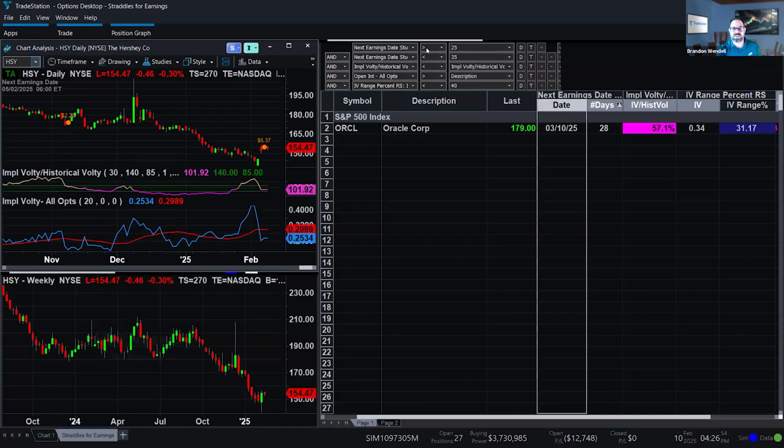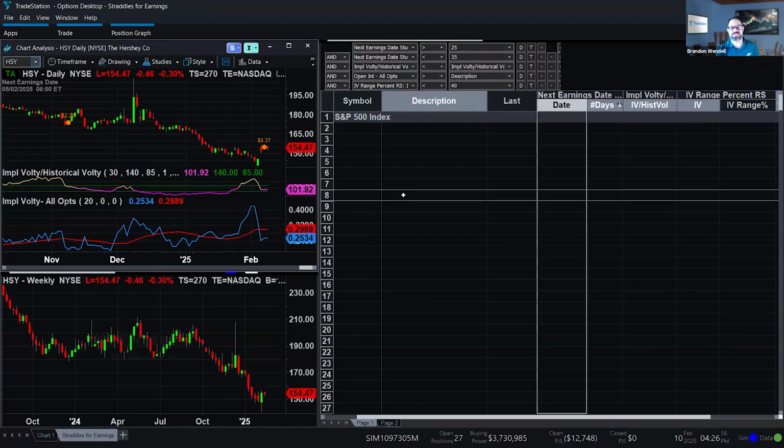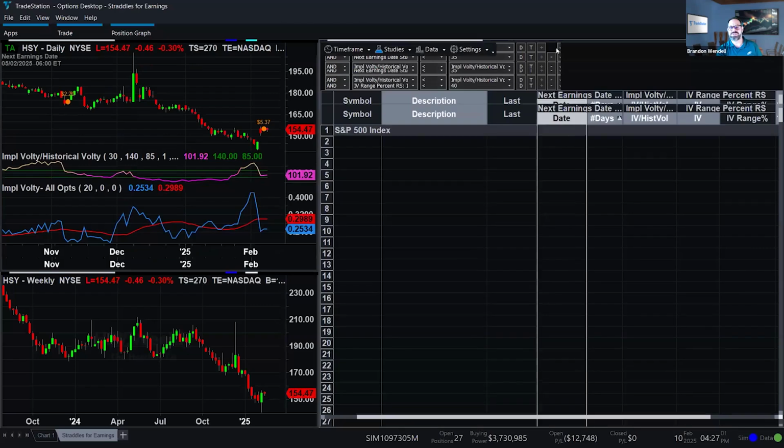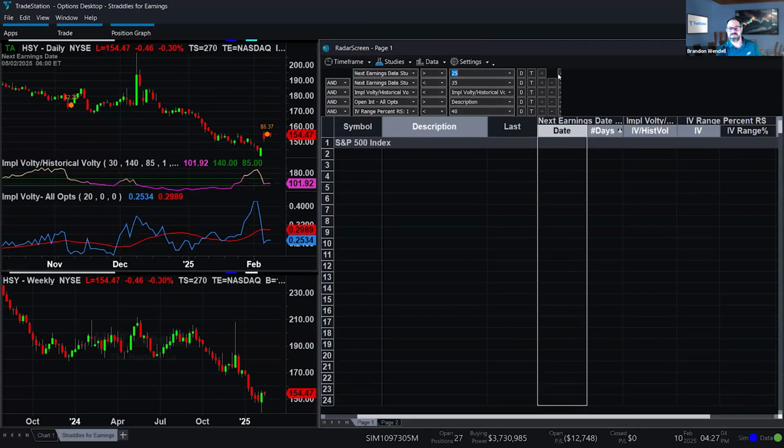So right now, I think we're a little too close to the earnings, so nothing's showing up. All the earnings have either been released or, let me see if I take this off. Less than 35 days. The filter's still a little too restrictive.